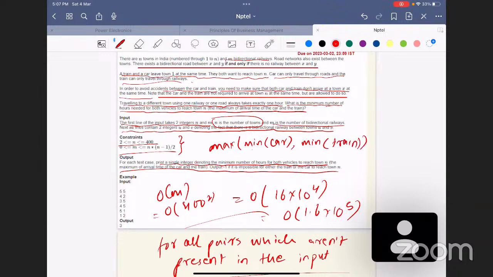First calculate the minimum time taken by car, calculate the minimum time taken by train, and take the maximum of these two, and that is what would be the answer. But if it is impossible to reach the town N by car or by train, either of them, then we will print -1. Okay, so this is the thing.